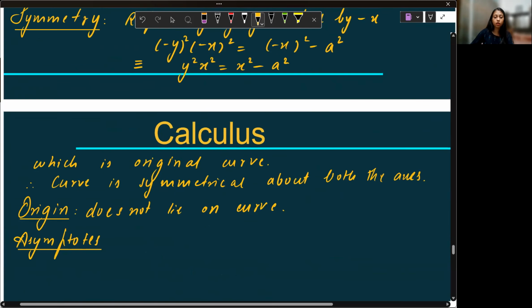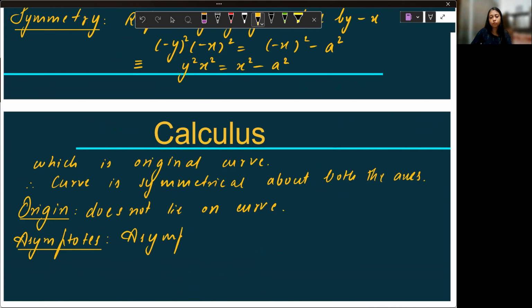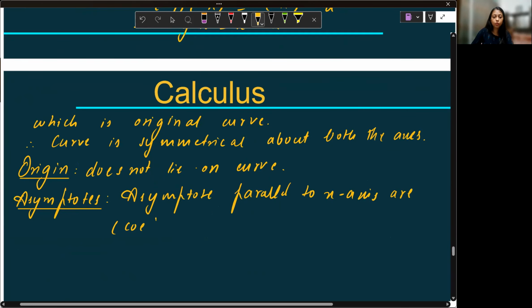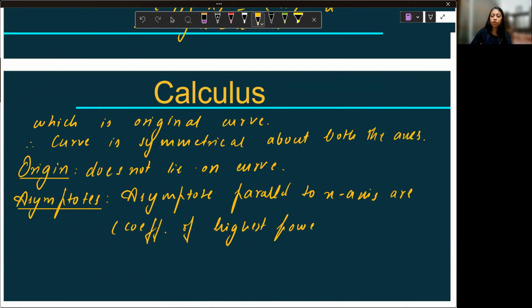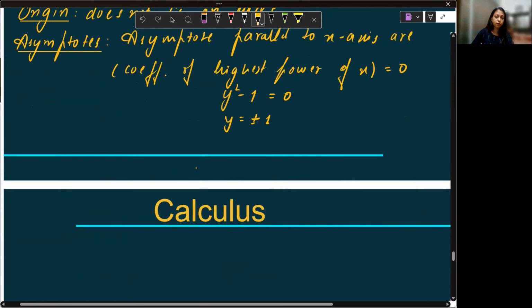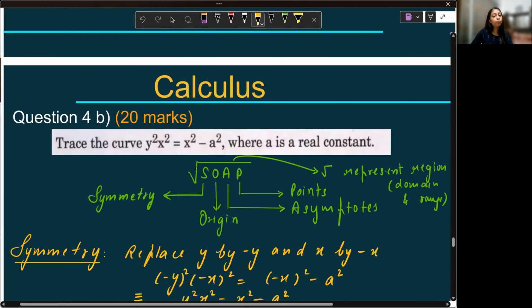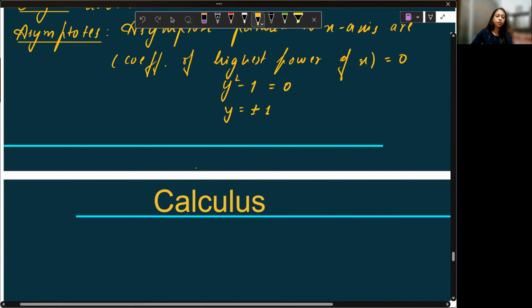So what I can say is, asymptotes parallel to the x-axis, we find them by equating the coefficient of the highest power of x to 0. That is y square minus 1 equals 0. So y equals plus minus 1. These are your asymptotes. Next, after asymptotes, we have points. Let us discuss points.